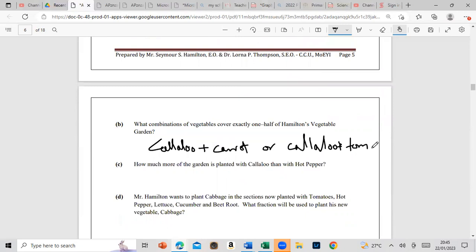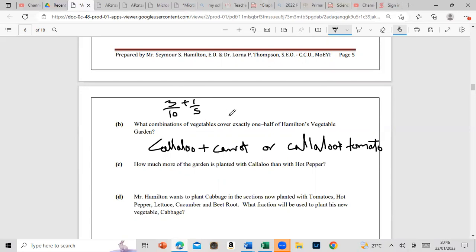What you could do, guys, in the exam, is actually check the fractions and see if they add up to a half. Let's do that. So callaloo was 6 over 20, which will work out to 3 over 10, plus 1 over 5. Let's see if that can give us a half, or I made an error.